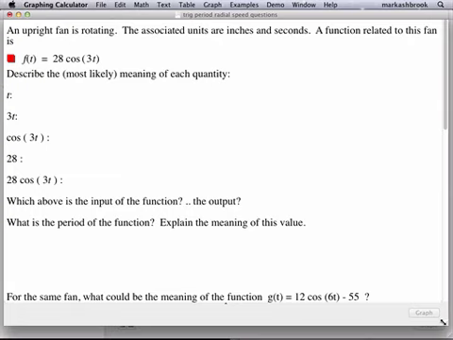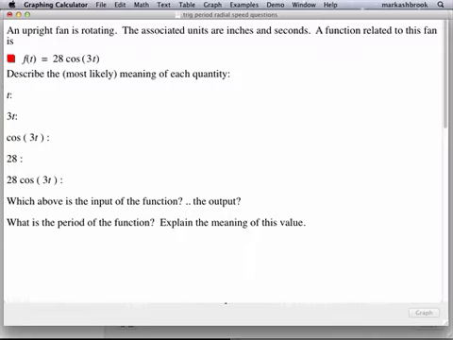Compare what you're doing. Okay, 1 more minute and then we'll go over it.